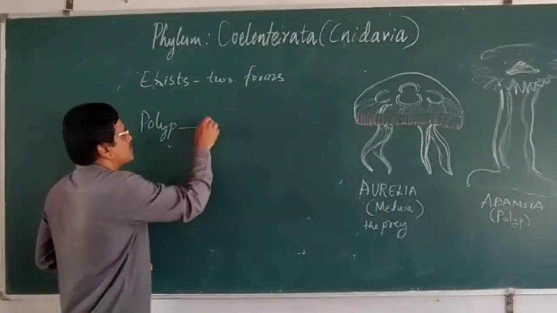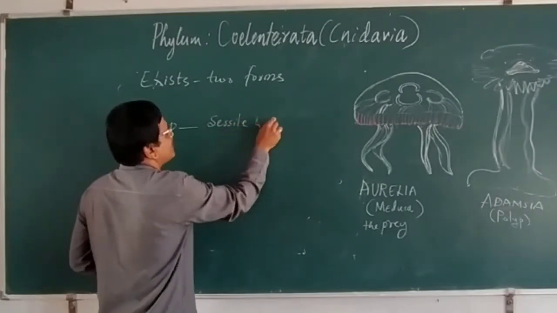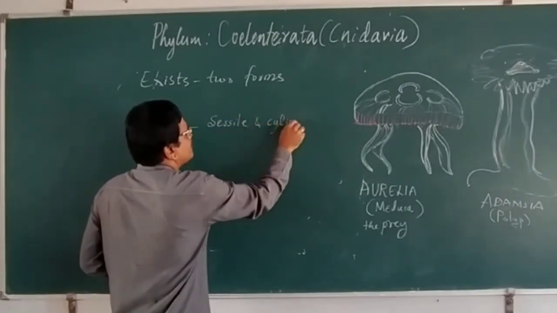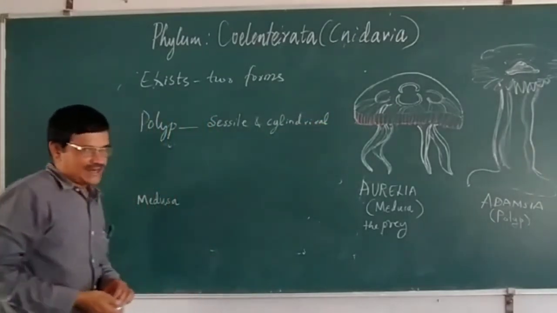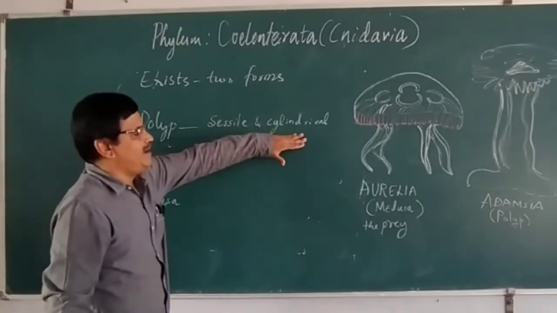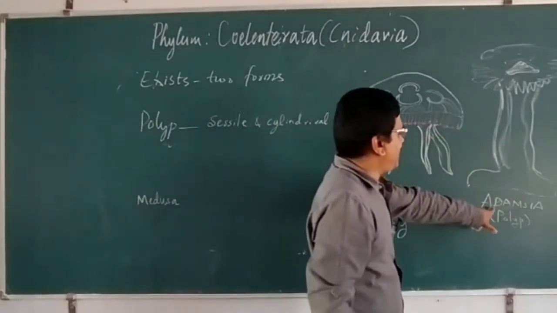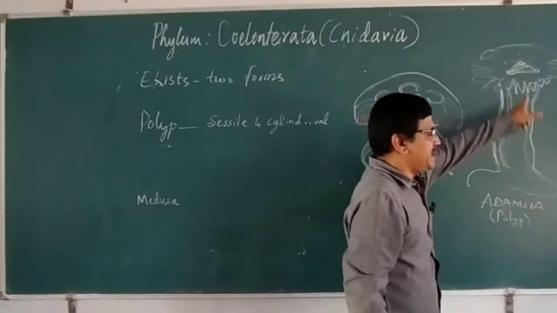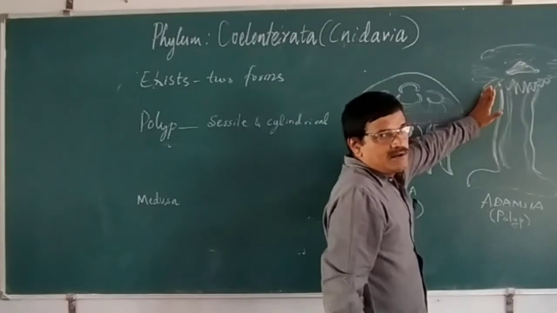Polyps are sessile and cylindrical in shape. For example, Hydra and Adamsia. So this is the structure of Adamsia.